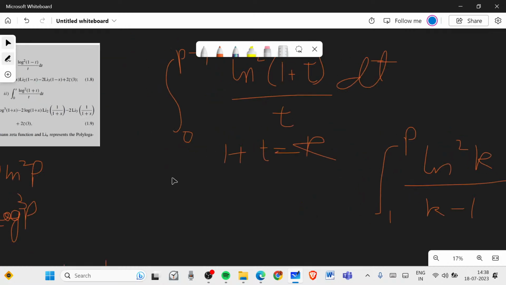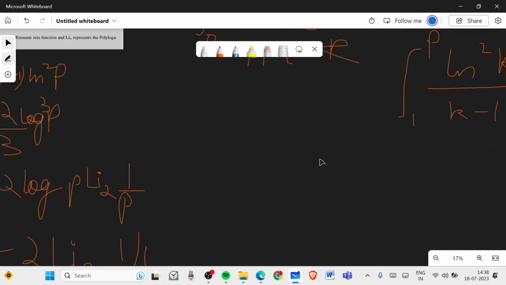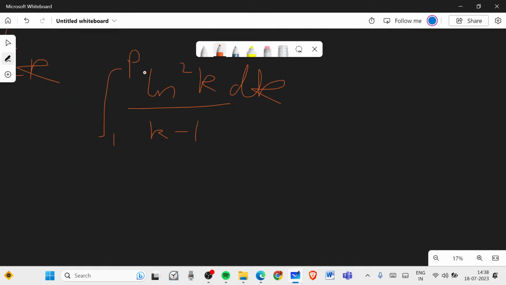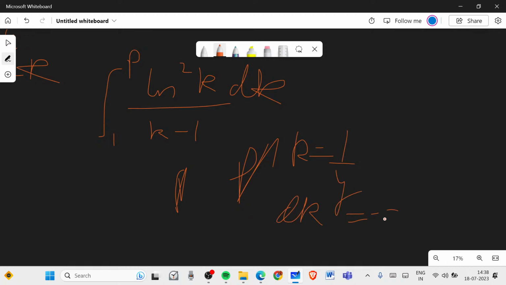Now because I'm seeing 1 by p here, I'm doing the same thing, like basically k is 1 by y, then dk is minus dy by y square.